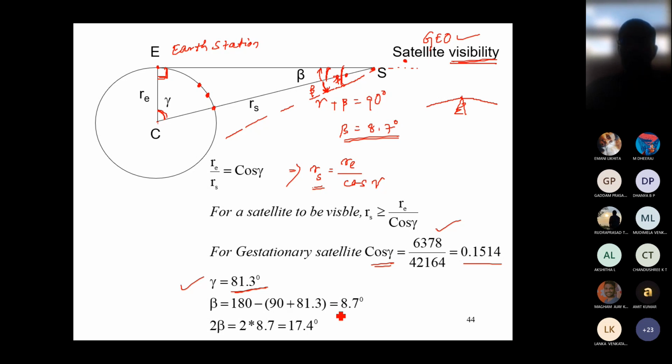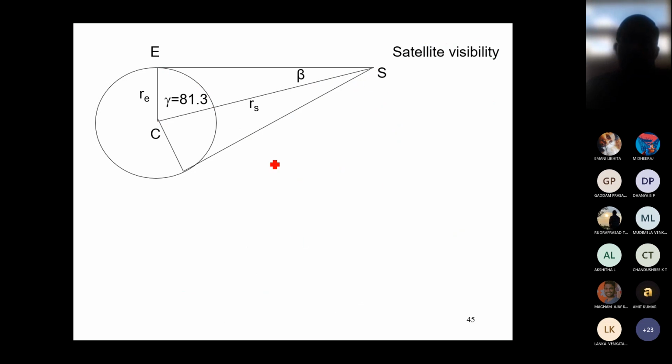Okay, so if we calculate the total solid angle, it will be like this. If the satellite is here, beta it will cover here, and another beta it will cover here. This is not the three-dimensional image which you are seeing, this is the triangle. It will make a conical shape on the surface of the earth, so that we can calculate the solid angle.